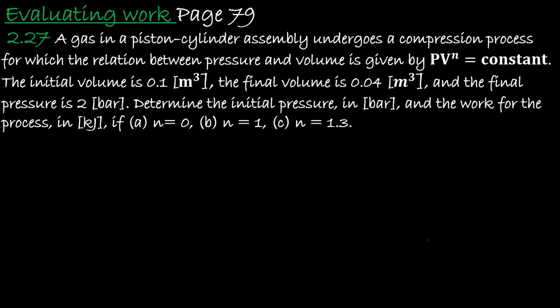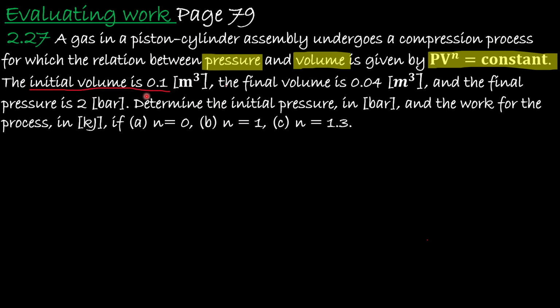Next problem is 2.27. It tells us that a gas in a piston cylinder assembly undergoes a compression process for which the relationship between pressure and volume is given by PV to the power n equals constant. The initial volume is 0.1 meter cube. The final volume is 0.04 meter cube.